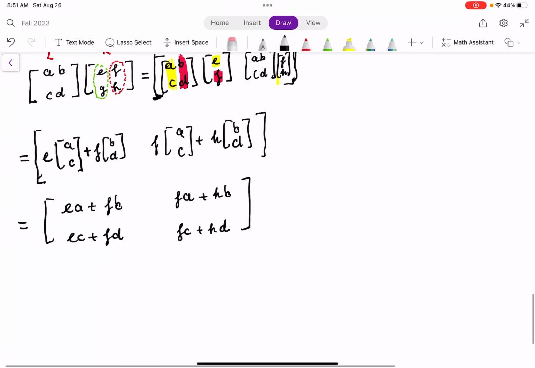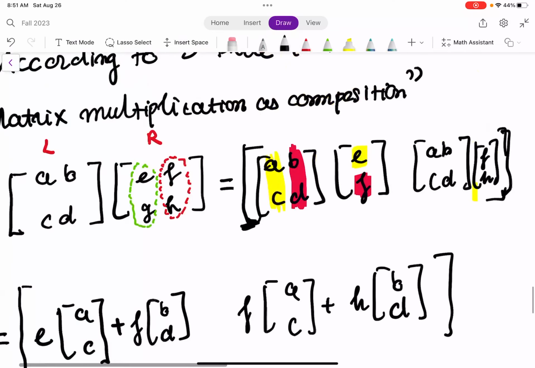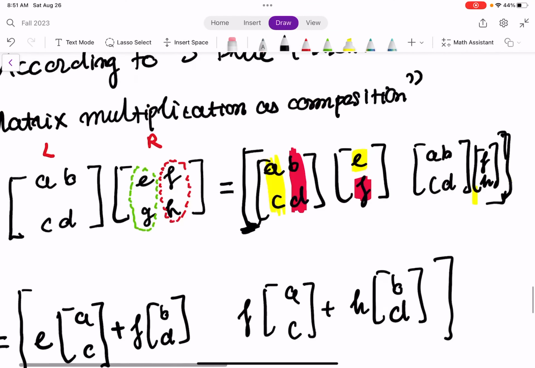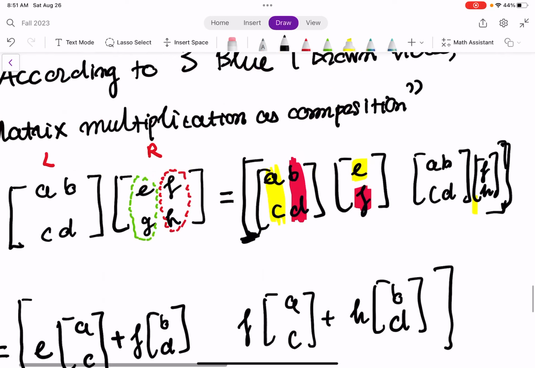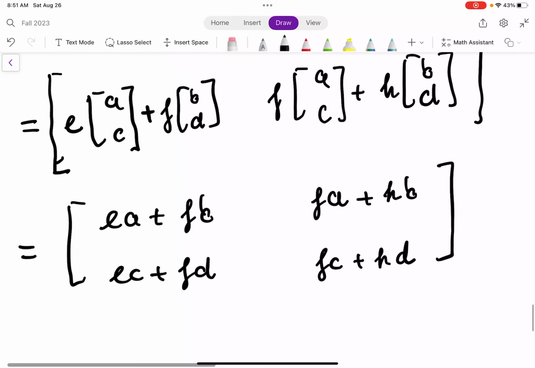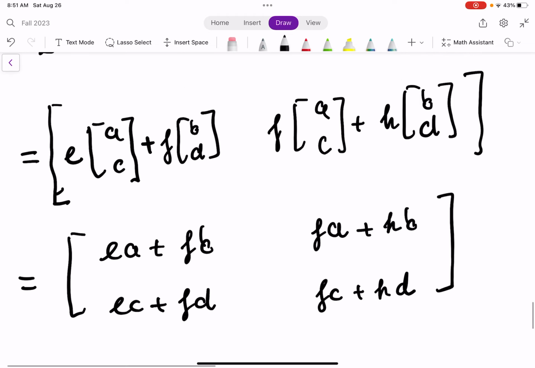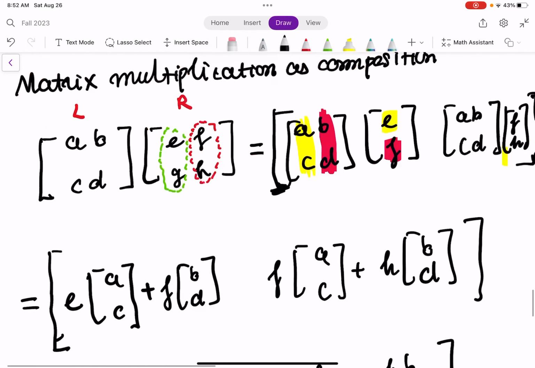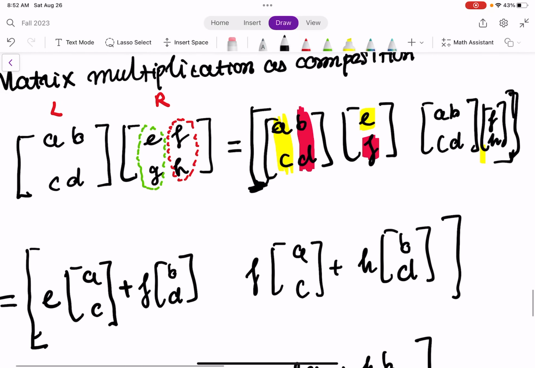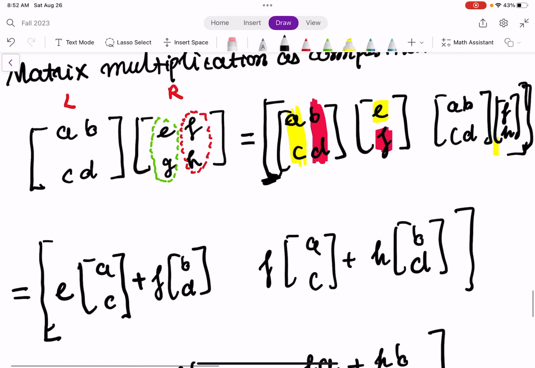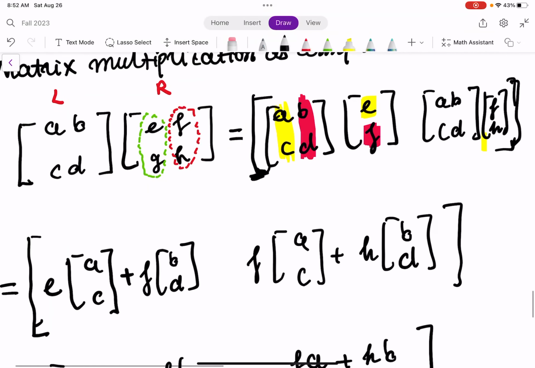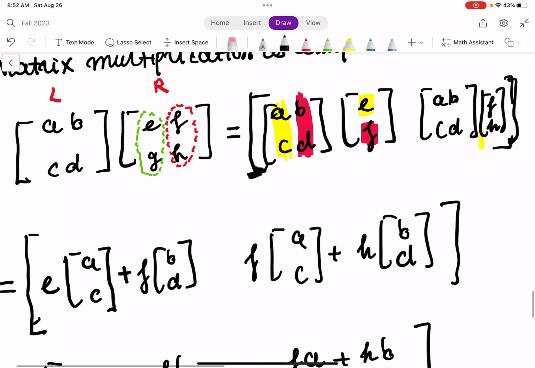So EA plus FB, EC plus FD is your new vector. Originally it's just E, G, but after the transformation, wait, actually, I think I wrote something wrong. Oh, this is supposed to be EG.